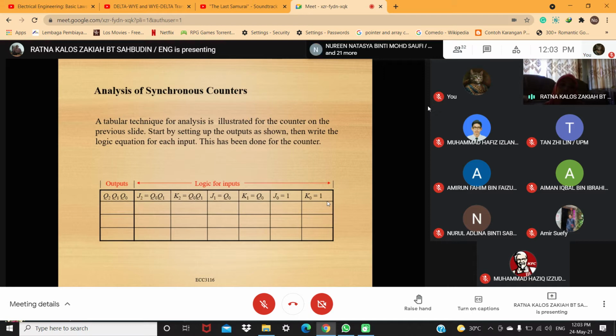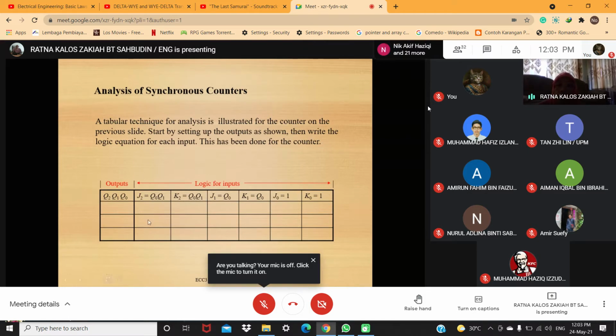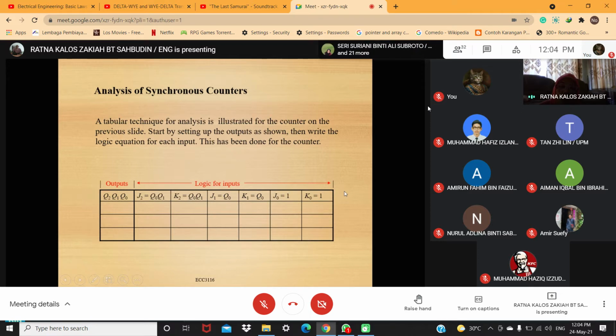Start by setting up the outputs as shown. Then write the logic equation for each input. So this has been done for the counter. Now you have this counter output here. This part is the logic for the inputs.